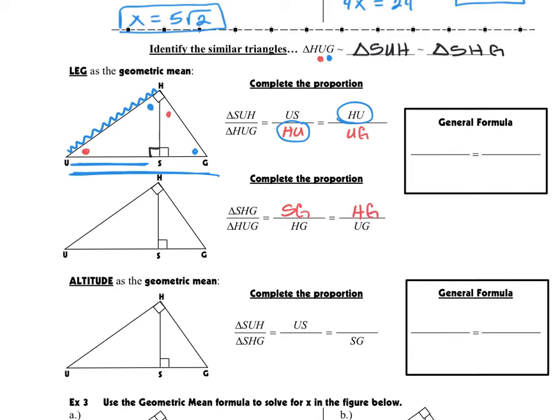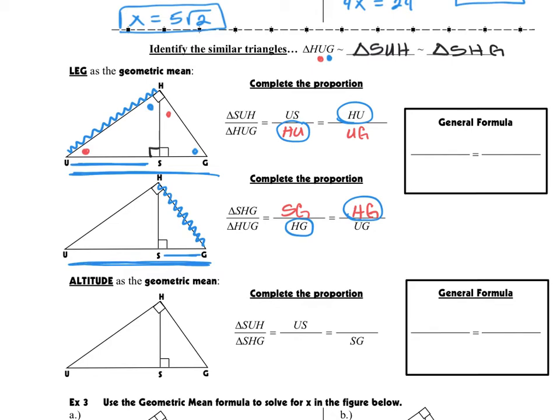And again, notice that on the diagonal, the means match. And if the means match, that tells us that segment HG is a geometric mean between segment SG and UG. So now we're going to come over here and we're going to find those parts. So segment HG, it's right here, is going to be the geometric mean between segment SG and segment UG.